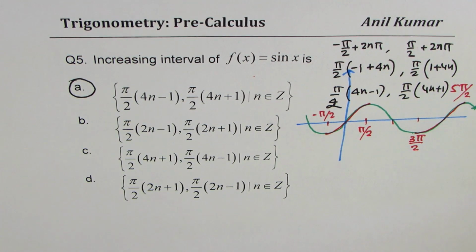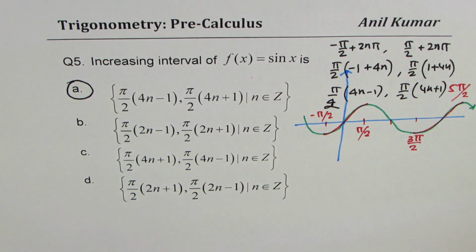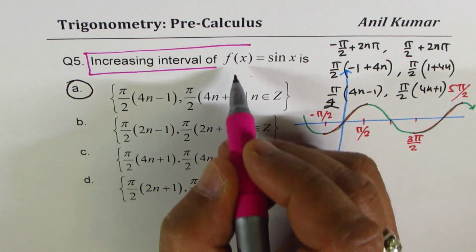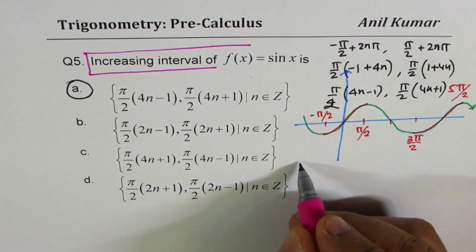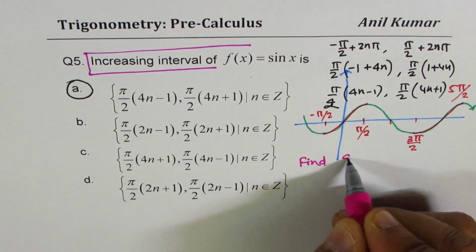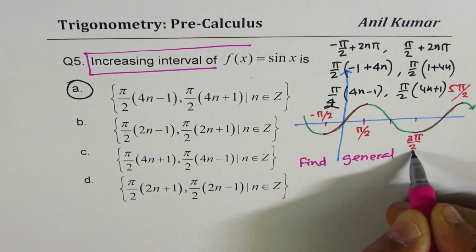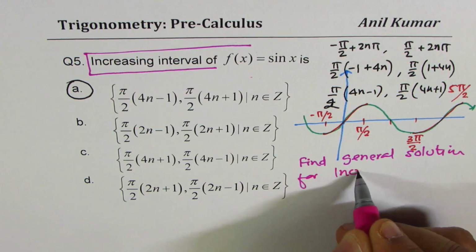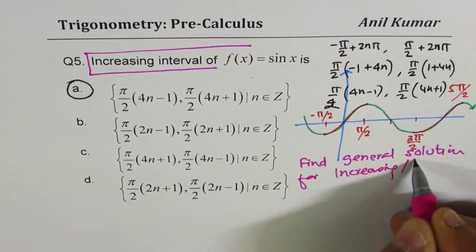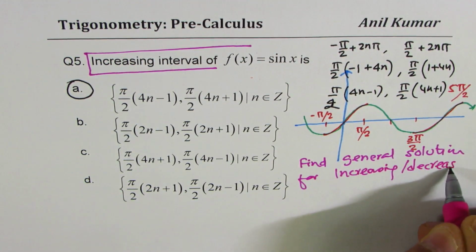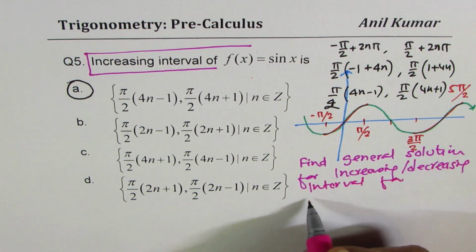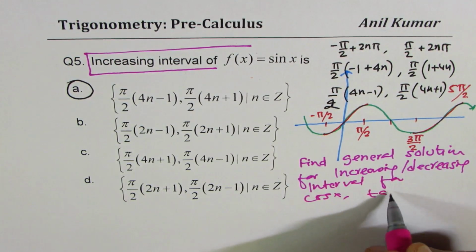Now for some of you, I would like you to work on increasing and decreasing intervals for all functions, right? So as an exercise, I will say find the general solution for increasing and decreasing intervals for cos x and tan x, right?